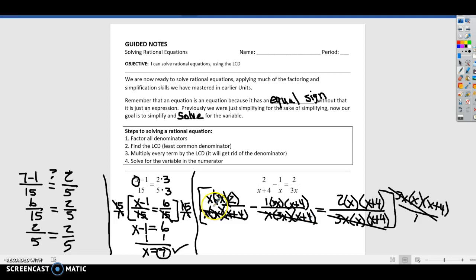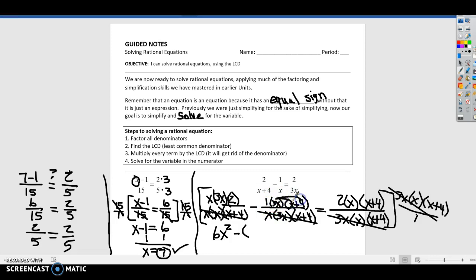So 3x squared times 2 is 6x squared minus, and the negative gets distributed all the way across. So I'm going to leave the negative for now and go ahead and multiply here. 1 times anything is just whatever that anything is, so that's just 3x.